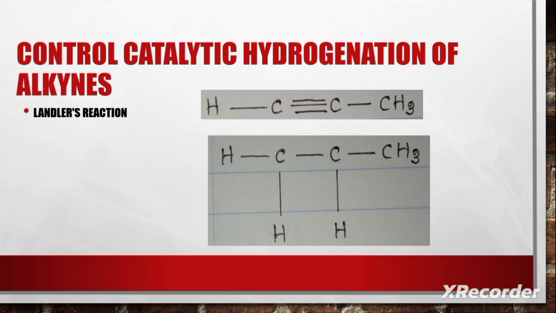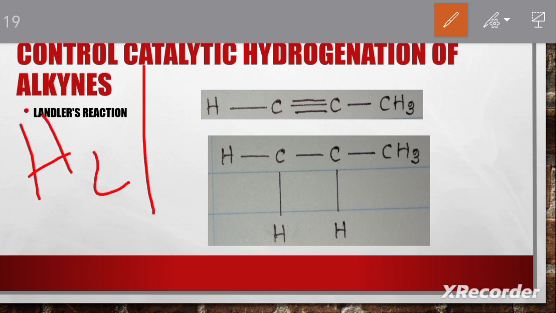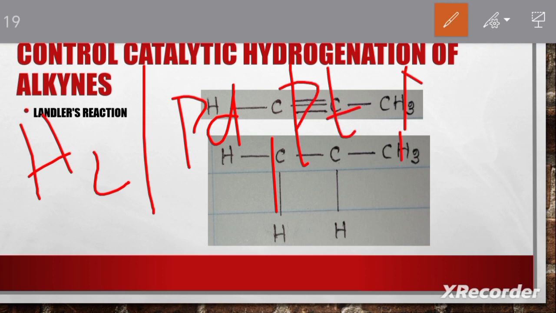So we discussed about the catalytic addition of hydrogen before. For that we used hydrogen along with Pd, Pt or nickel, right? If we add hydrogen in this way to the alkyne, alkyne turns to an alkane.